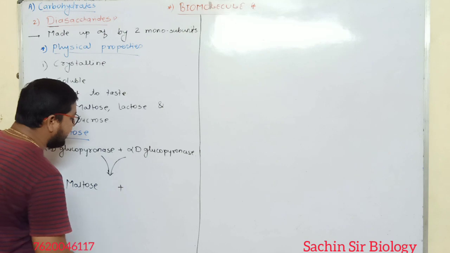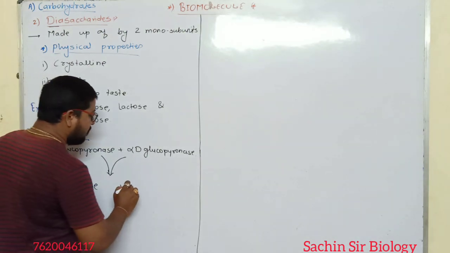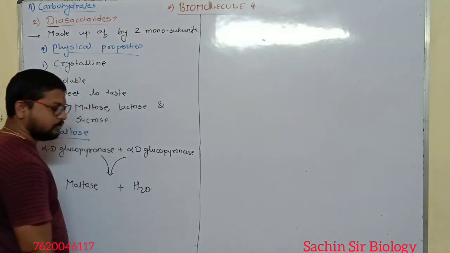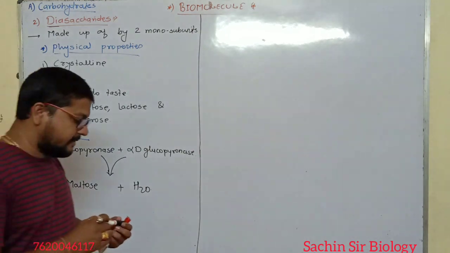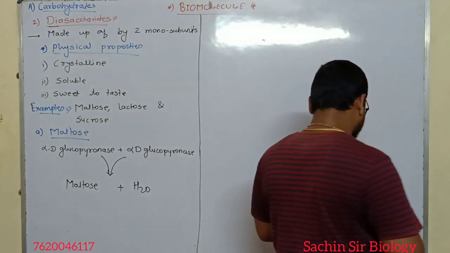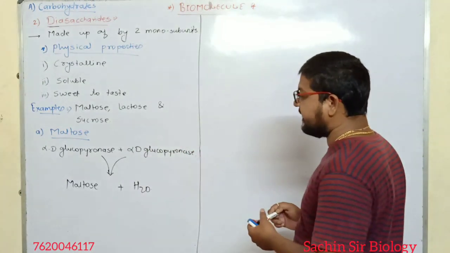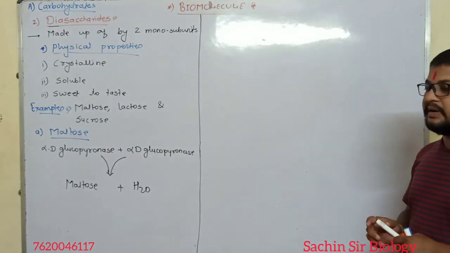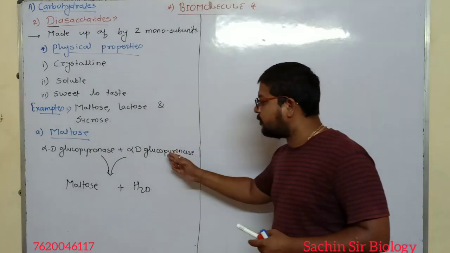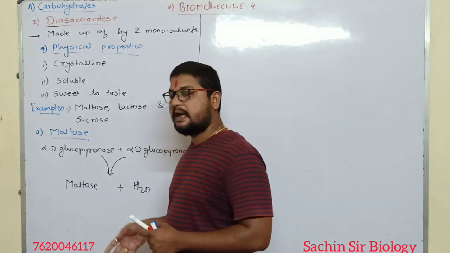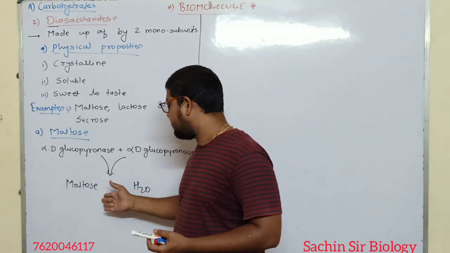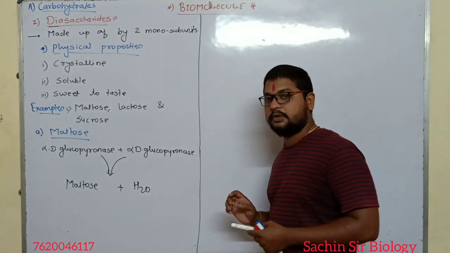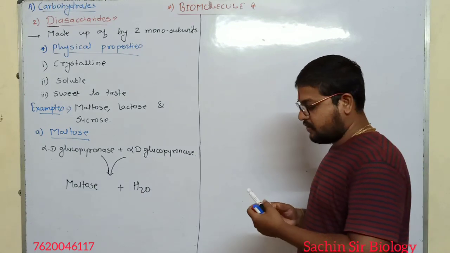And at the time of this condensation, a water molecule is removed. Understand? So for a clear explanation, I write the ring structure of both subunits, and how maltose is formed and how this water molecule is removed. You will understand very well.